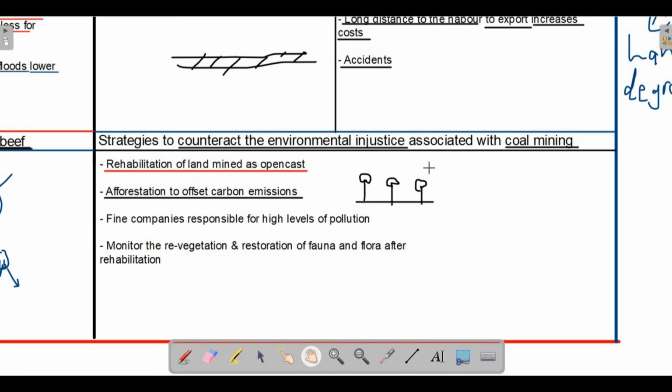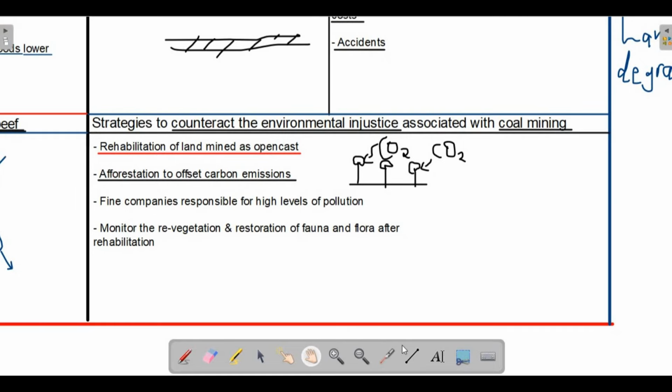It should plant more trees. Remember, trees, they consume carbon dioxide. Okay, so that carbon dioxide that is released to make electricity should then be consumed by these trees. So they should plant trees to ensure that the footprint that they have, that they are responsible for, is accounted for.